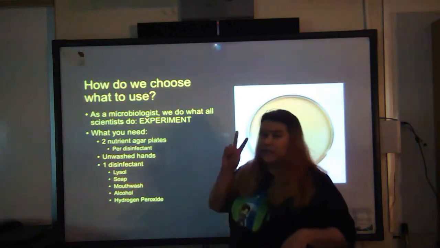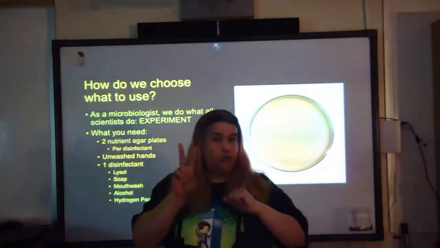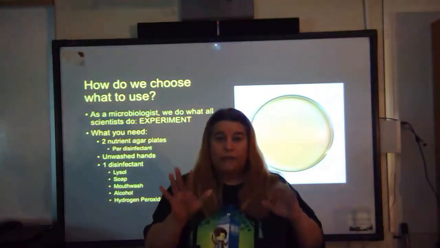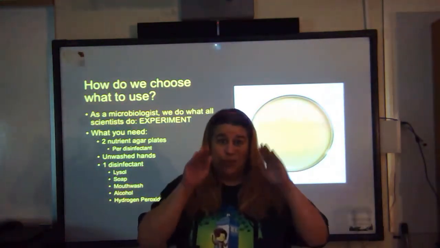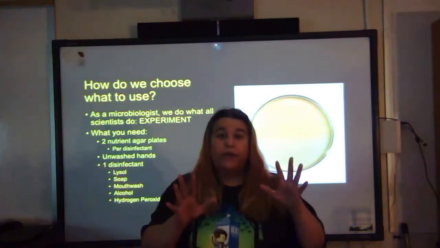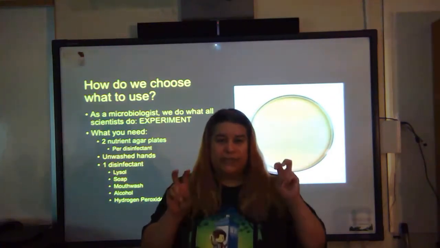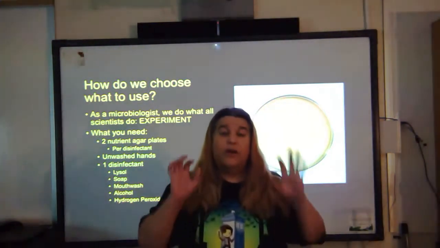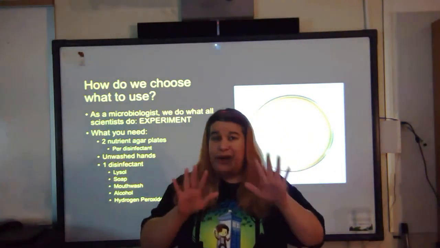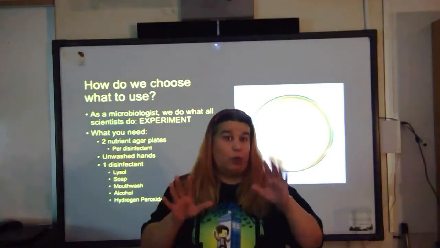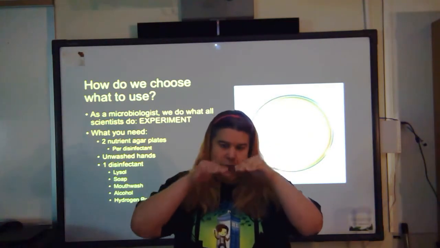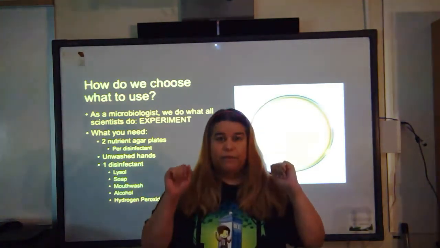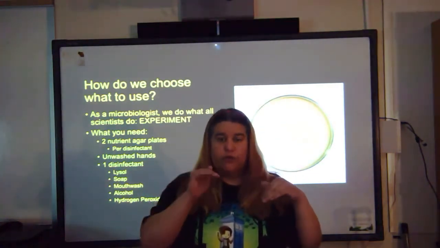So we're going to need 2 nutrient agar plates, just 2. One for when we walk in the classroom and our hands are dirty, and one for after we use our disinfectant. One for when we walk into the lab and our hands are dirty, we haven't done anything except walk into the lab, so we're going to put our fingers on top of the control nutrient agar plate.